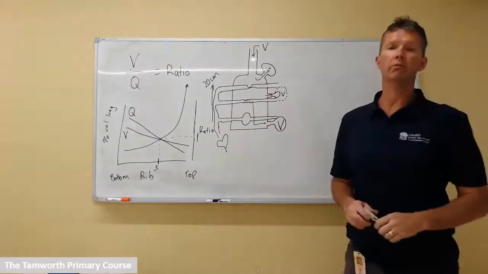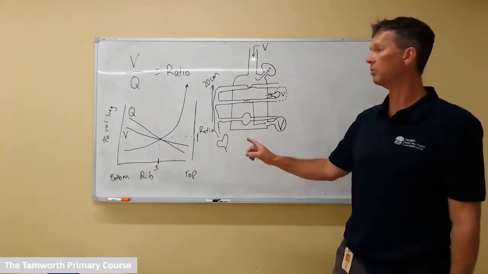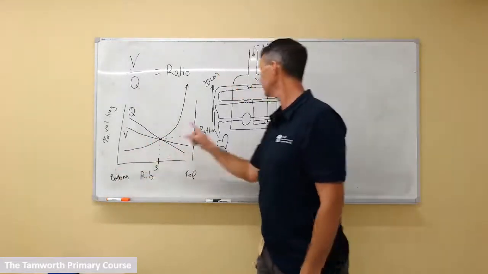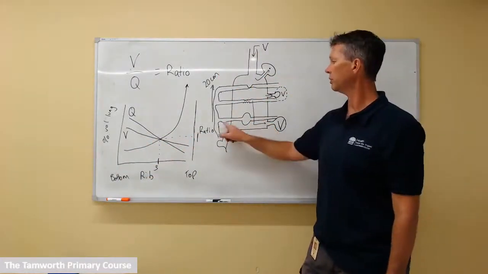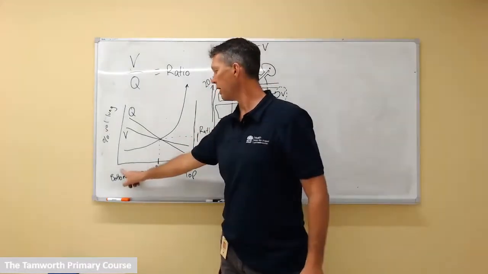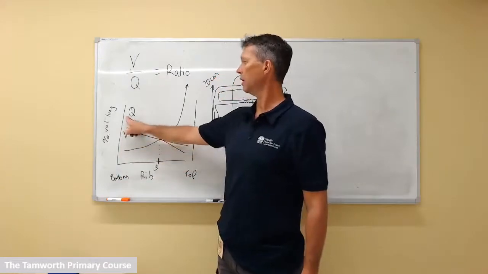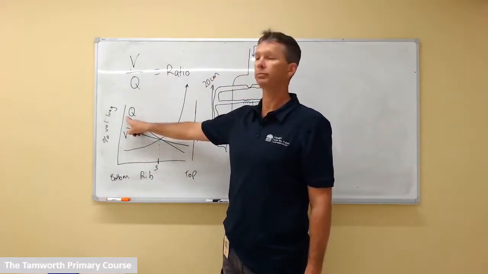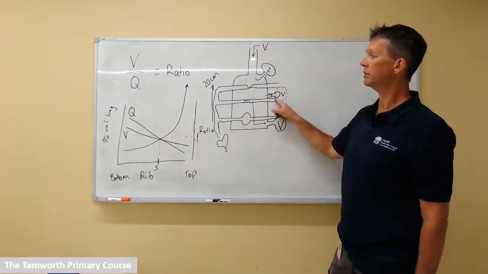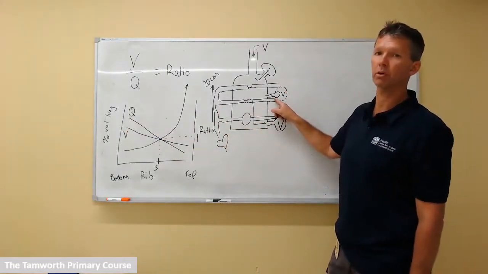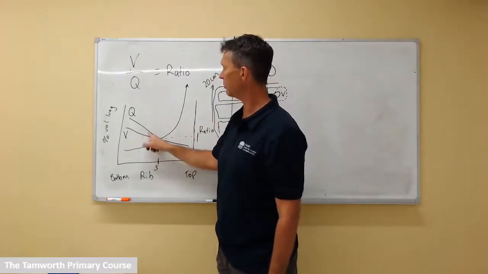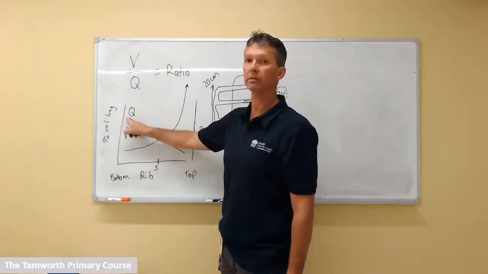Again, we'll relate that to the graph, and I'll say it out loud again while we trace it onto the graph. The bottom part of the lung receives most of the blood flow because it's a higher pressure and distended vessels. The middle part of the lung receives a moderate proportion of the blood flow, but not as much as the base.